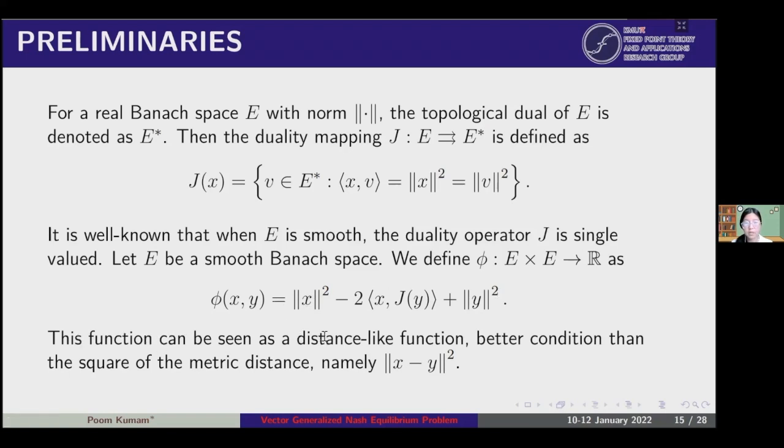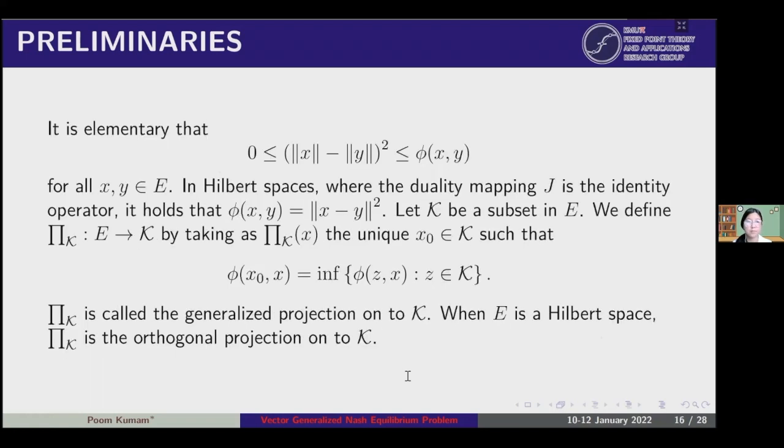This function has better conditions than the square of the metric distance, that is, the norm of x minus y squared. It is elementary that this inequality holds. Moreover, in Hilbert spaces, the duality mapping is the identity operator, so this distance-like function reduces to just the metric distance.